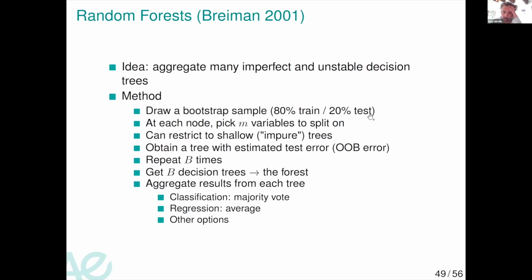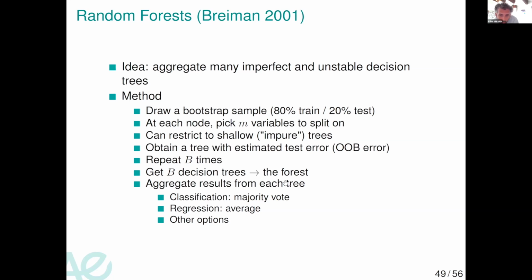Out of bag because this test set is taken out of the bag of the tree. And you repeat the whole procedure, and at the end you could have a lot of trees. B could be, I don't know, 1,000, 10,000. It's very fast. You could have several thousand decision trees that are imperfect, but it gives you a forest.